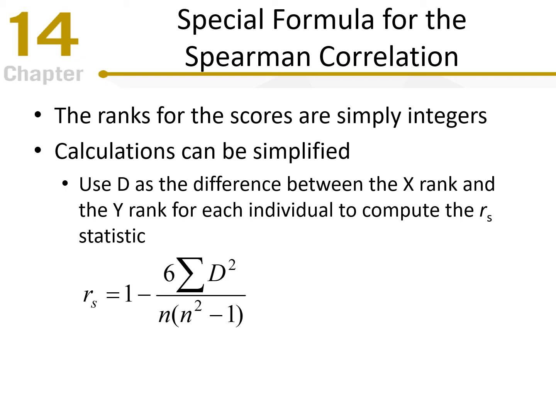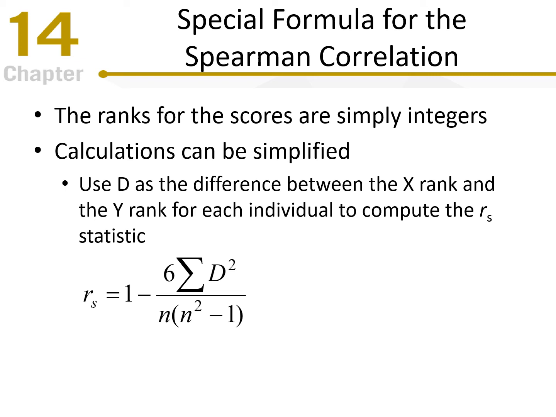So it's the difference in ranks between X and Y for each individual. Then you square those differences, because that gets rid of the negative numbers, add them together, and multiply that sum by 6. Once you multiply by 6, divide that product by n times n squared minus 1. Compute that fraction, then subtract that total from 1.